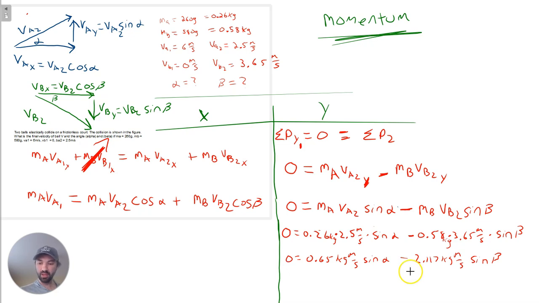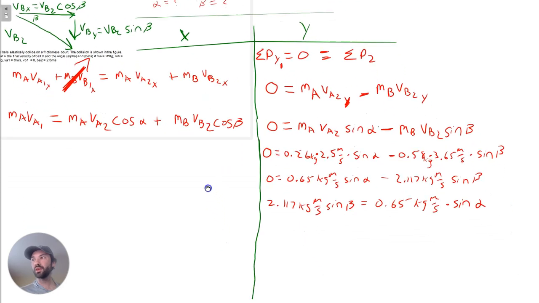But so now all I'm going to do is solve for one in terms of the other. So let's say I add this to both sides. So I say 2.117 kilogram meters per second sine of beta is equal to 0.65 kilogram meters per second times sine of alpha. All right.